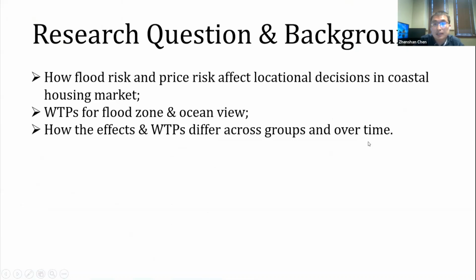So we basically want to ask 3 research questions. The first is how the flood risk and the price risk affect locational decisions in the coastal housing market. The second is we're trying to measure the willingness to pay for flood zone and ocean view. The third is how the effects and the willingness to pay differ across groups and over time.